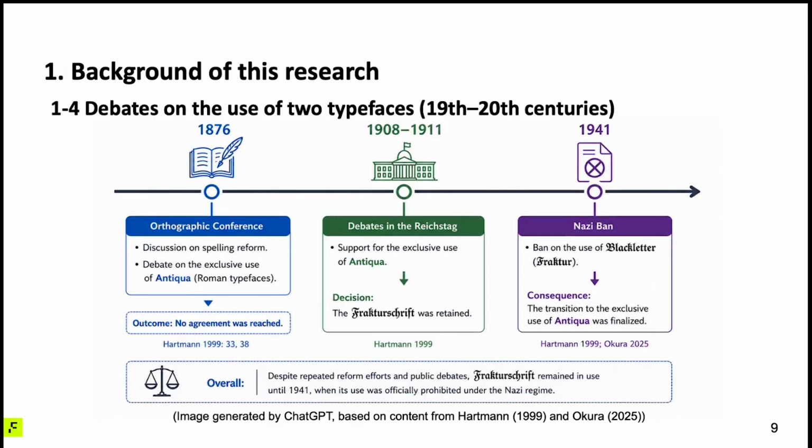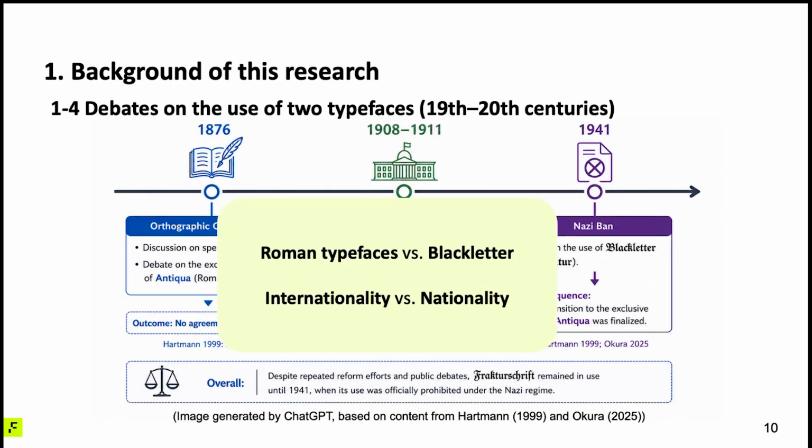repeated reform efforts, Blackletter remained in use until it was officially banned in 1941. Notably, the Nazi regime had actively used Blackletter for propaganda before imposing this ban. A central issue in these debates concerned how Roman typefaces and Blackletter were perceived.